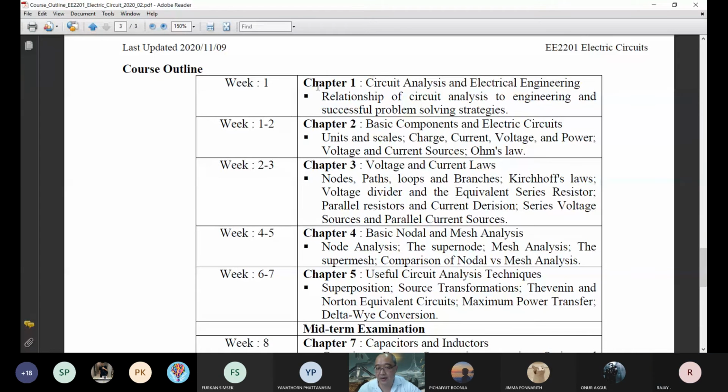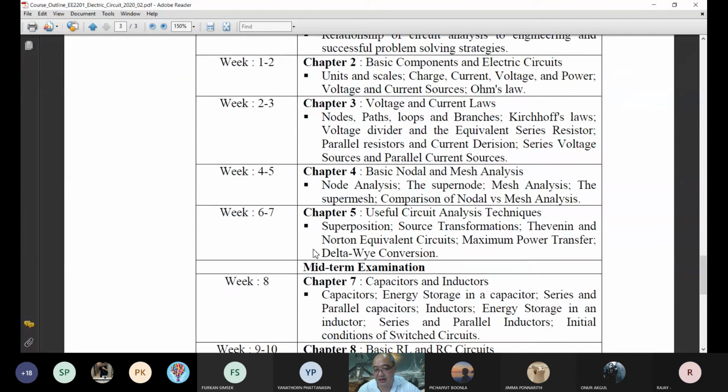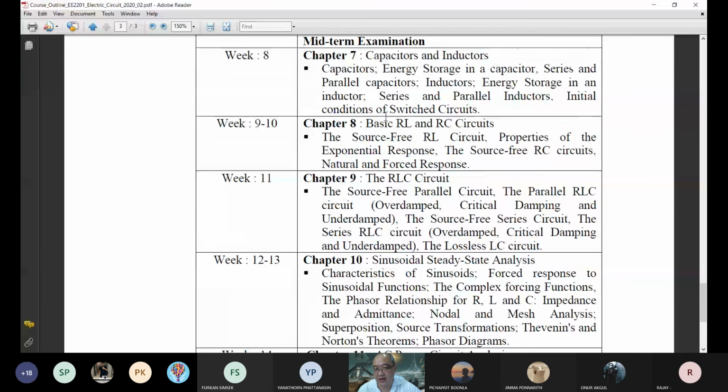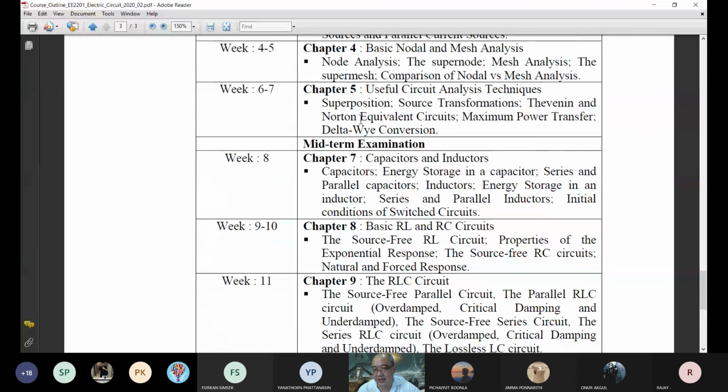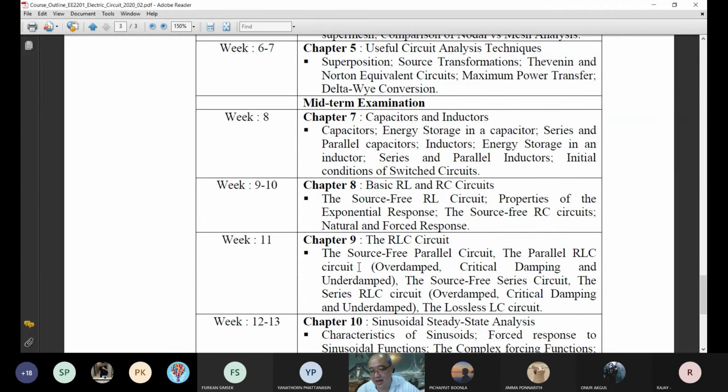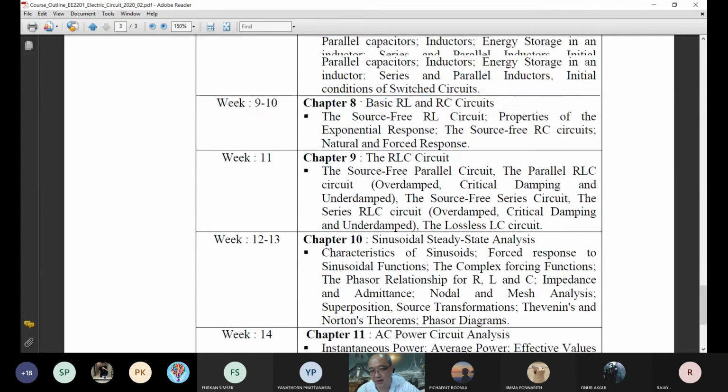Chapter 1 to chapter 5 are already finished in the midterm section. Now, the final comprises chapter 6 in the textbook, which is about the op-amp and the transistor model, which belong to the electronics subject, not ours. Therefore we skip to chapters 7, 8, 9, 10, 11, and 12.